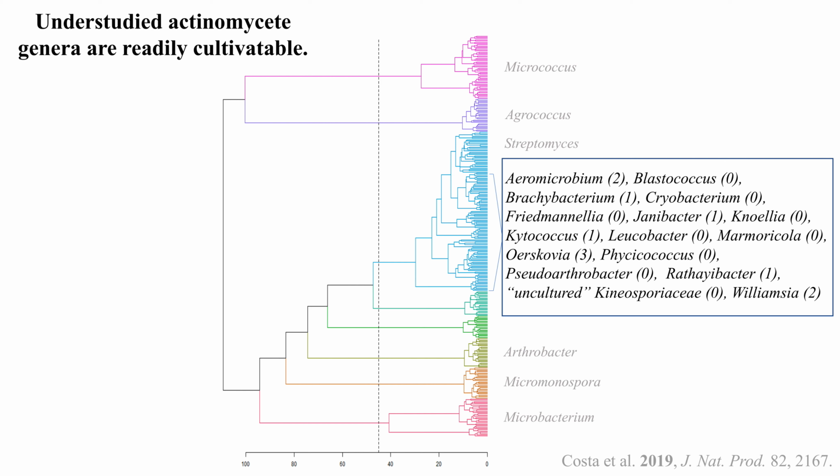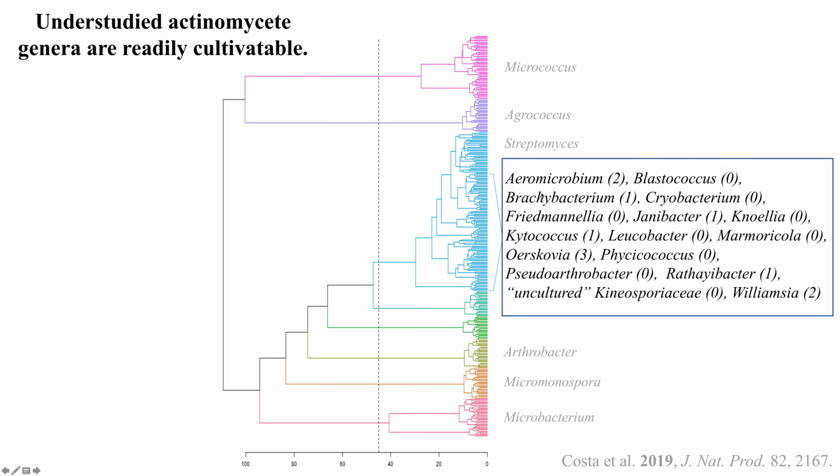So back to Sofia's dendrogram, you can see each of these are different microbial isolates, but when you zoom in on this little region inside the box, these are some actinobacteria that I term understudied. Other people might call them rare actinobacteria, but I take issue with that term. I don't think it's an accurate way to say it.